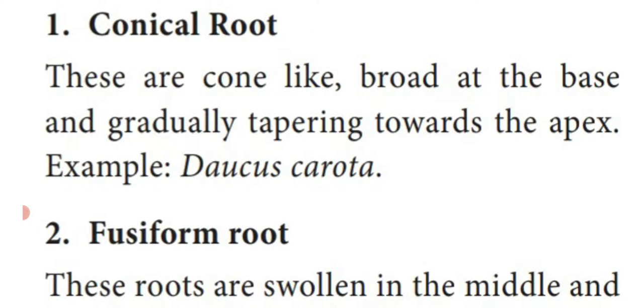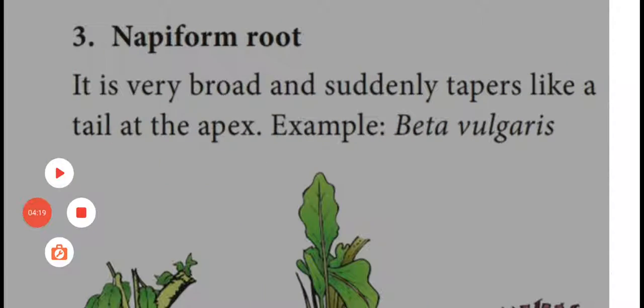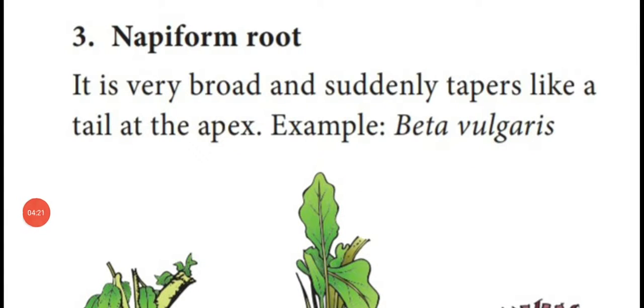One more root is said to be the napiform root. Dear students, the third one is the napiform. The root which shows a very broad portion from the base region, and suddenly tapers like a tail at the apex, that means the tip region, forms a shape that looks like a top.